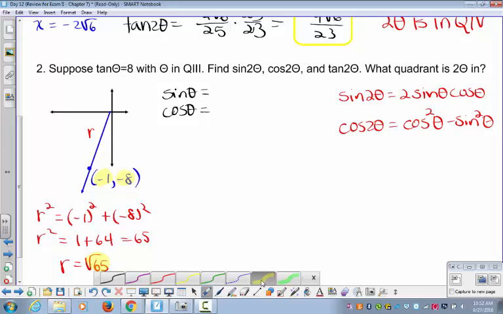So what is sine of theta then? We have x, we have y, and we have r. So sine is which one? Sine will be negative 8 over the square root of 65, right, because sine is the y coordinate, which is negative 8, and square root of 65 down below.